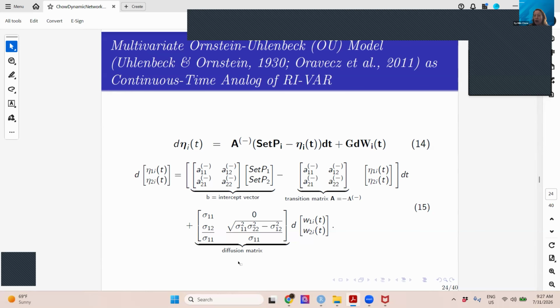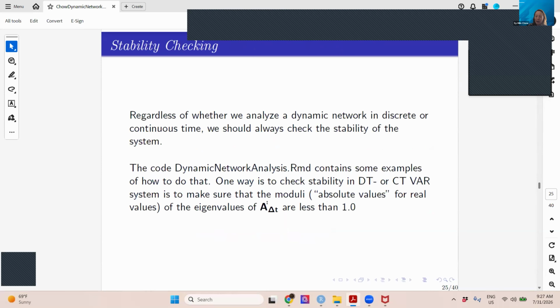Now, the key thing that I want to highlight here, which I provide more code and annotations for in the R Markdown file dynamic network analysis, is the following. Regardless of whether you are modeling in discrete time or continuous time, it is helpful to understand the stability of the system.